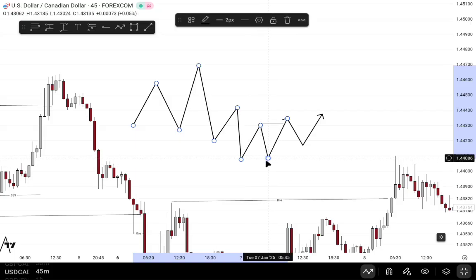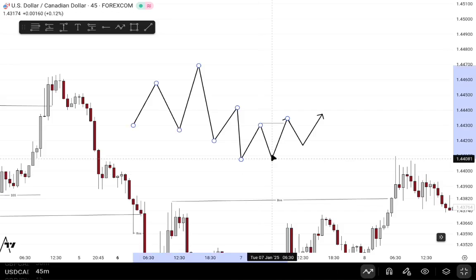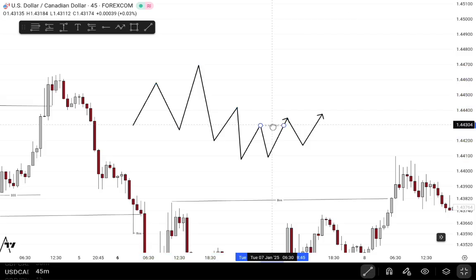If price does break structure to the downside at this point, I'm going to use it as a market structure shift because price does break below the lower low, alright? But at this point, price does not break the swing low, so price reacted from a demand zone, and I'm going to call this what? A break to the upside.